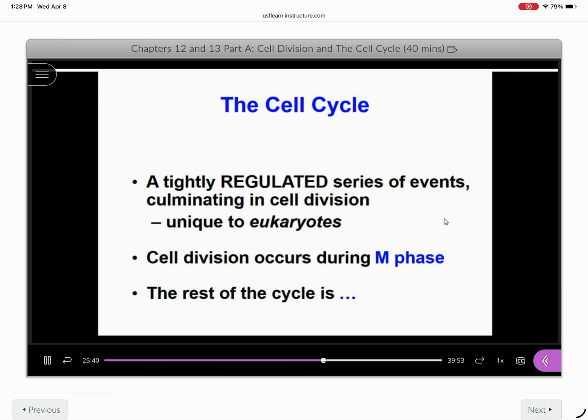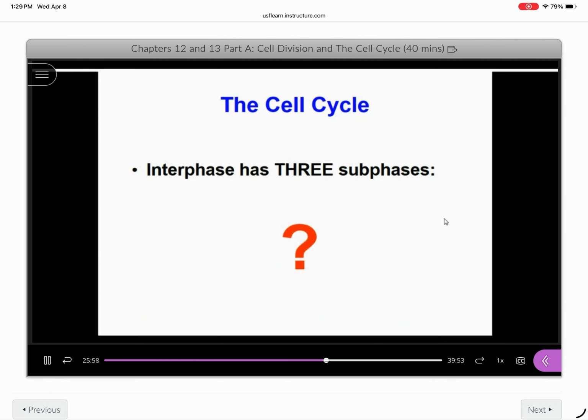We call that interphase, the portion between cell divisions. Frankly, that's most of the cell's life: 90% of the cell's life is interphase, only 10% the M phase. That said, interphase has 3 parts or subphases.